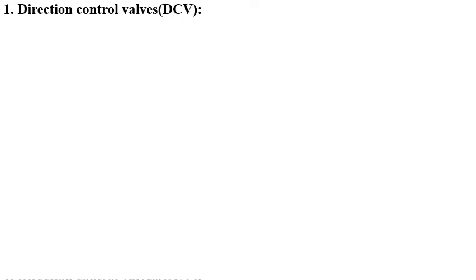The number of ports on a direction control valve is usually identified by the term way or port. For example, a valve with four ports is named a four-way valve. When the valve consists of four ports or four flow paths, that is also called four ways.